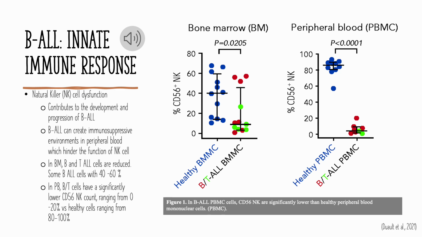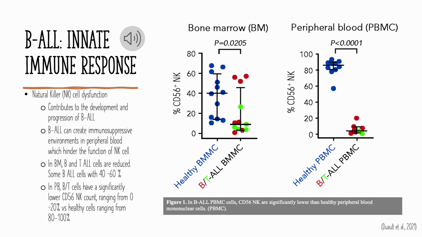B-ALL innate immune response. Natural killer cell dysfunction contributes to the development and progression of B-ALL, and it creates an immunosuppressive environment in the peripheral blood and the bone marrow, which hinders the function of natural killer cells. On the left, you have the bone marrow graph.